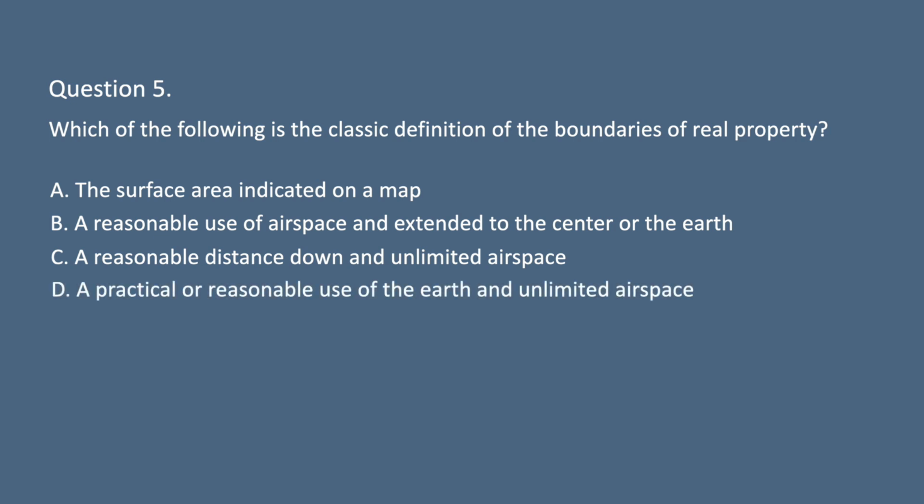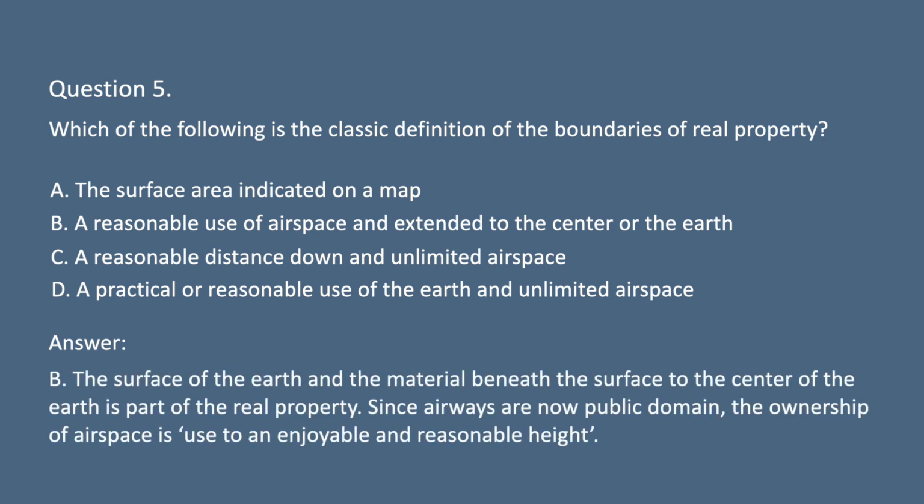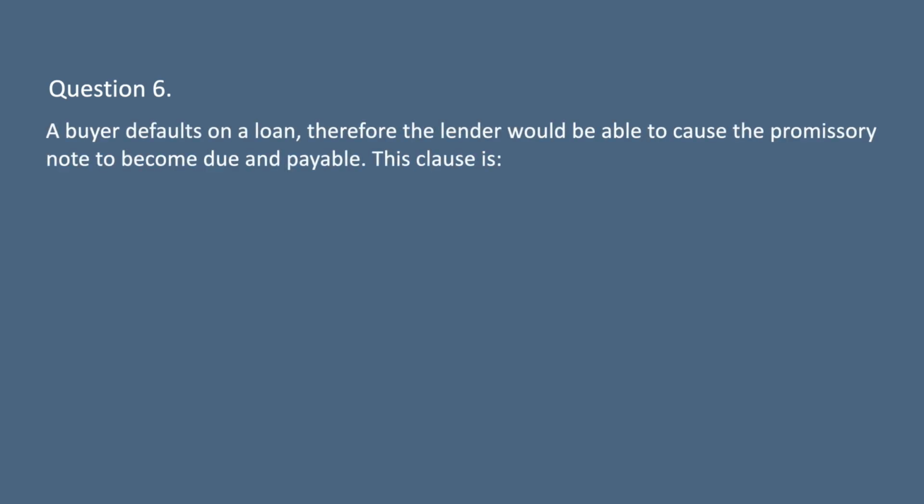D. A practical or reasonable use of the earth and unlimited airspace. Answer. B. The surface of the earth and the material beneath the surface to the center of the earth is part of the real property. Since airways are now public domain, the ownership of airspace is used to an enjoyable and reasonable height.